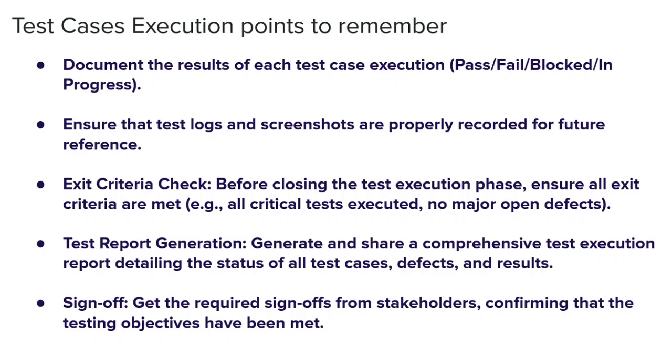Exit criteria check. Once all the reported issues get fixed and you complete all the test case execution, and it is time to close the test execution, we should ensure that all the exit criteria are met. For example, all the critical test cases are executed, and no P0 and P1 issues are open, etc. And then you will generate a proper test report.